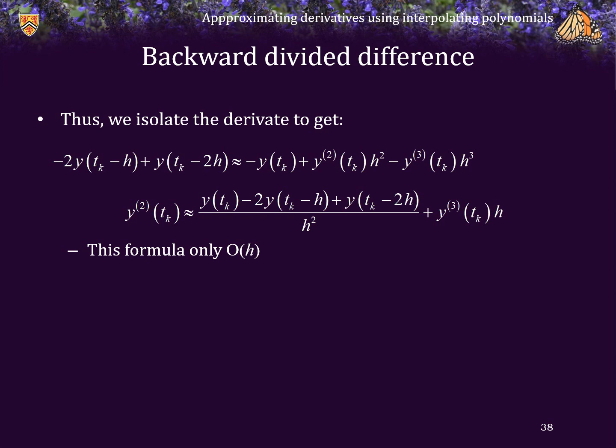It's 1 times the value on either side minus twice the value in the middle all over h squared. But when we were approximating the derivative at the midpoint, the error was order h squared. Now that we're approximating the error at the right-hand endpoint, the error is only order h.